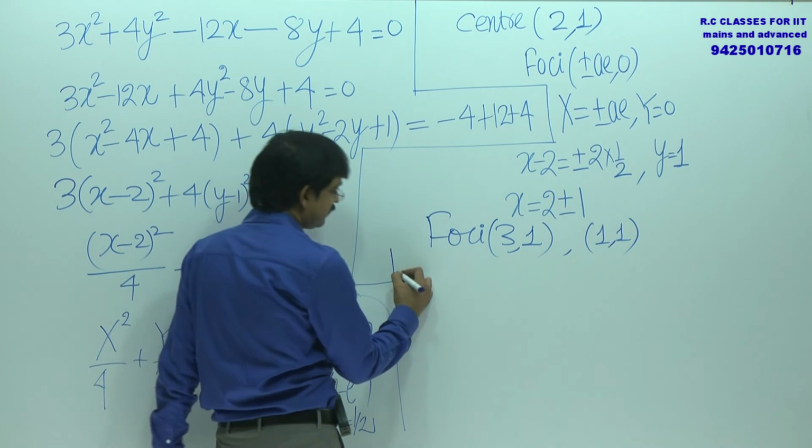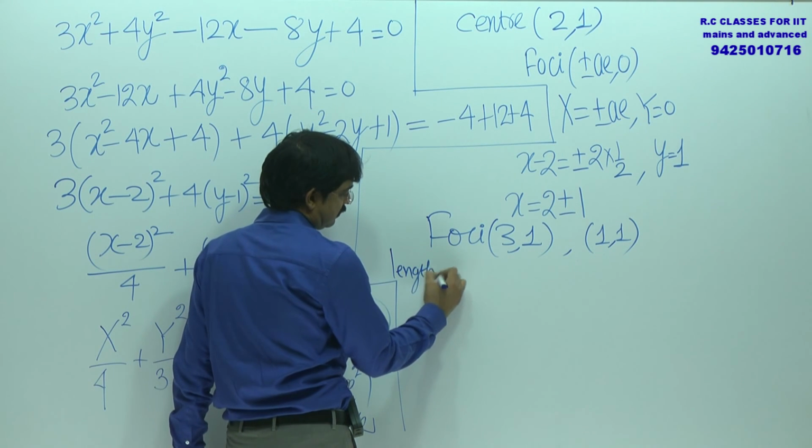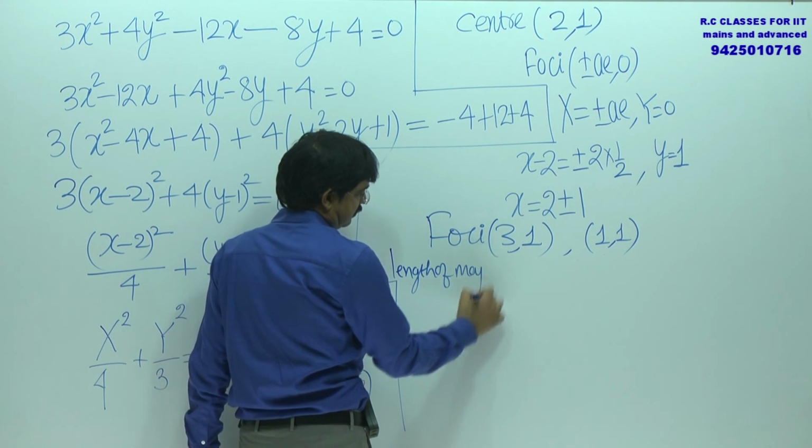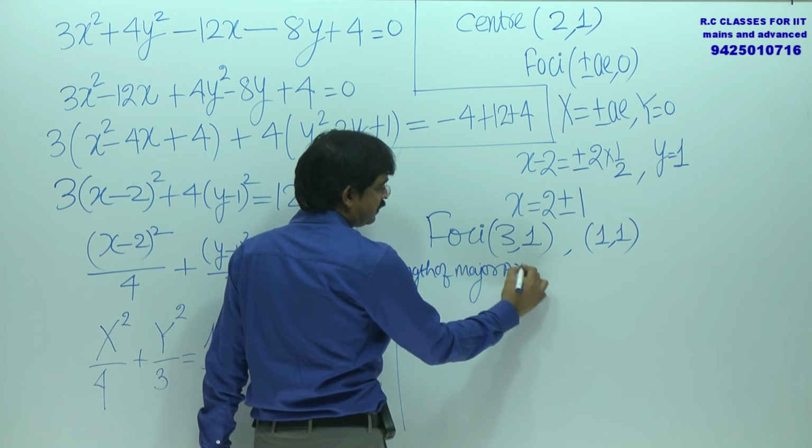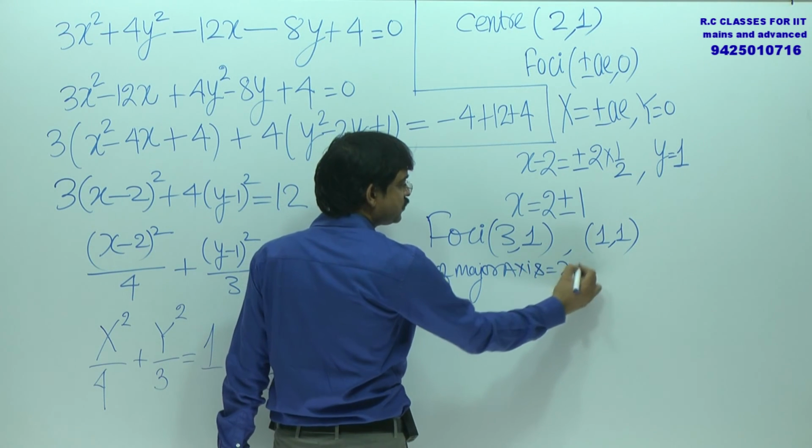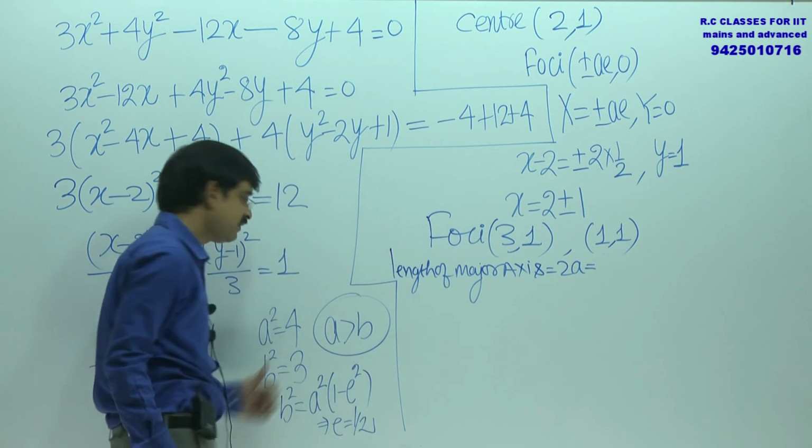लेंथ ऑफ मेजर एक्सिस that is equals to 2a and that will be equals to 4.